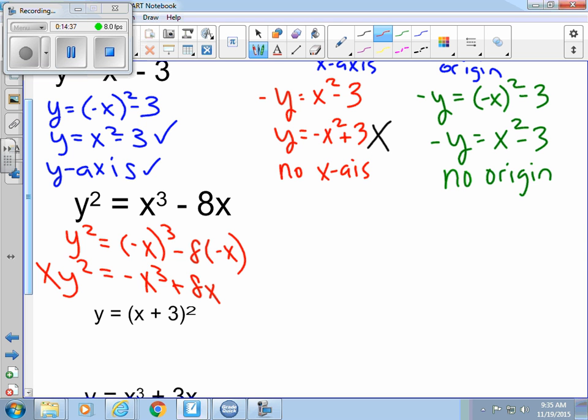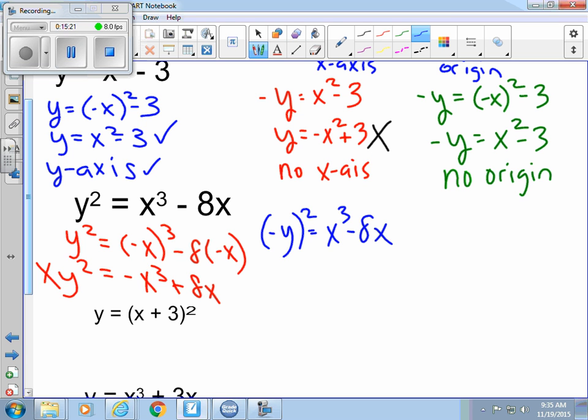What happens when I square that negative?